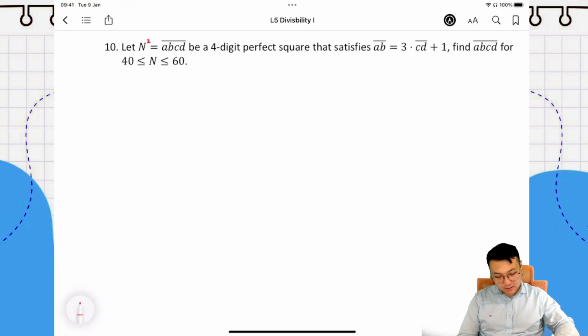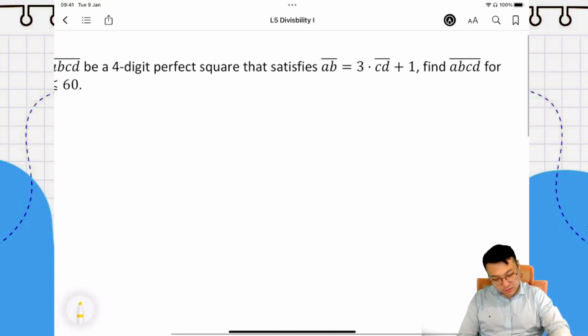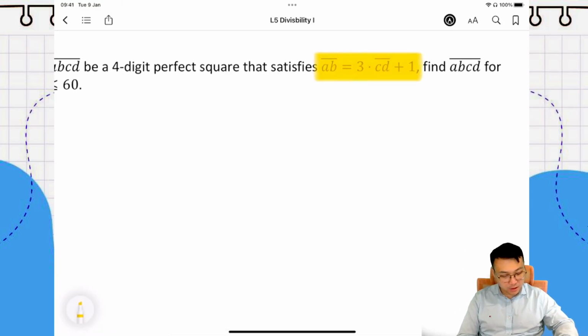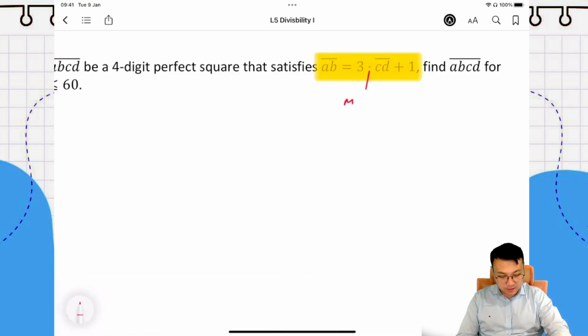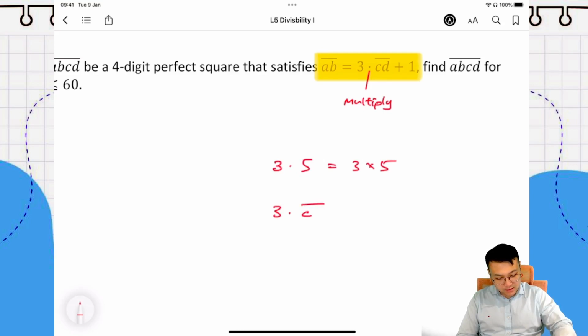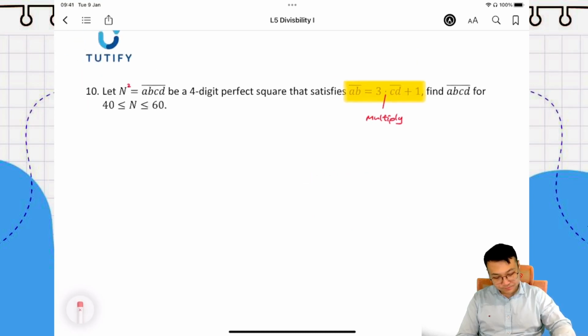And you must make sure that AB equals 3 dot CD plus 1. Now this dot means multiply. So when I write down 3 dot 5, that means 3 times 5. Or 3 dot CD, that means 3 times CD.